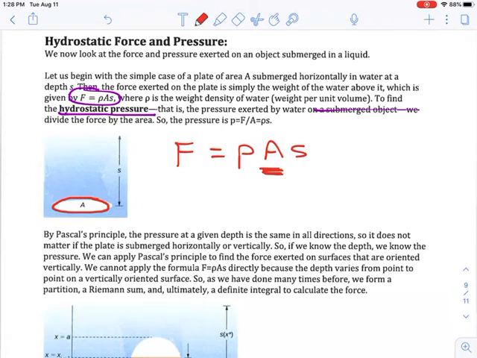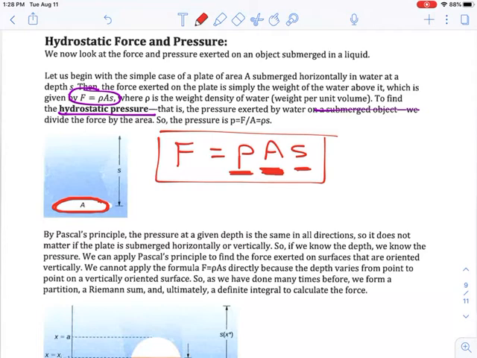At any particular depth, everything here is a constant. The density is a constant. The cross-sectional area is a constant only because it's all at the exact same depth, and the area is the same. So it's not too difficult to figure out what the force would be if it was horizontal.